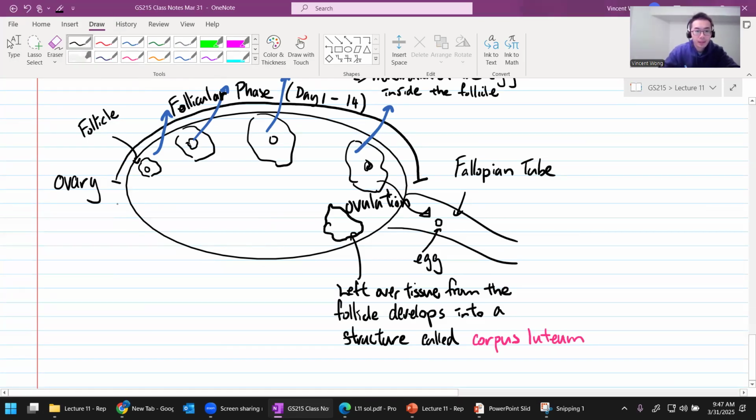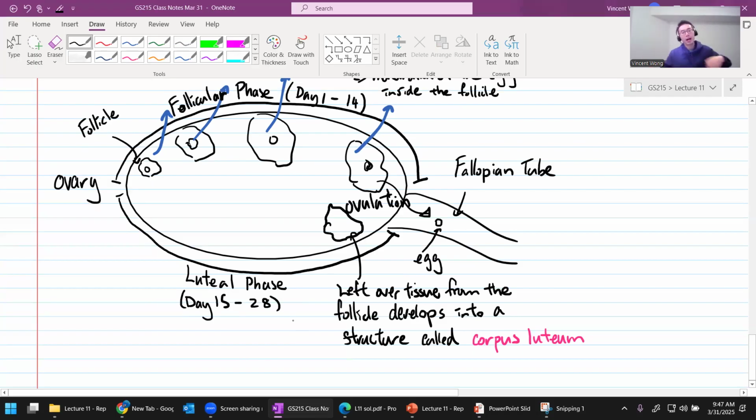This is going to be the second half of the cycle. We call it the luteal phase. Assuming a 28-day cycle, it will be the latter half.